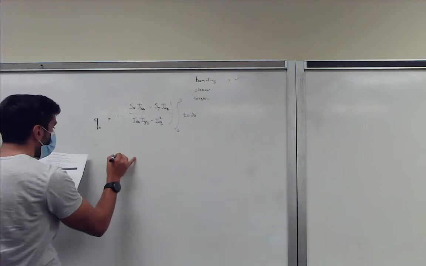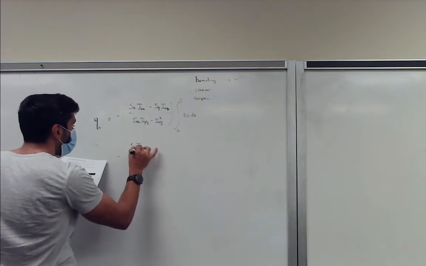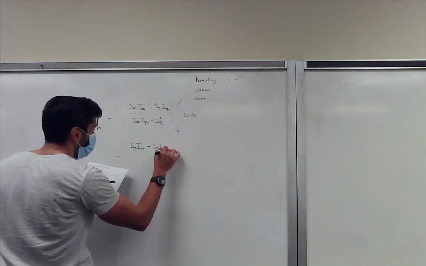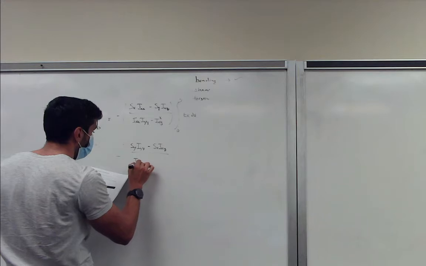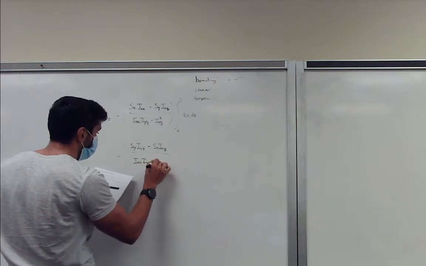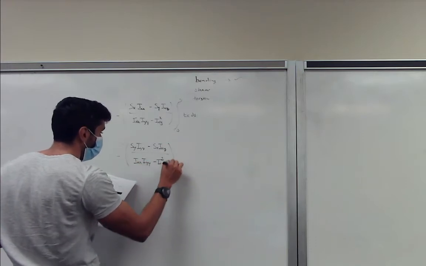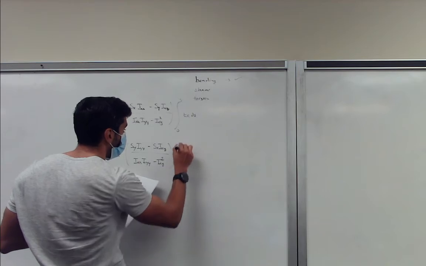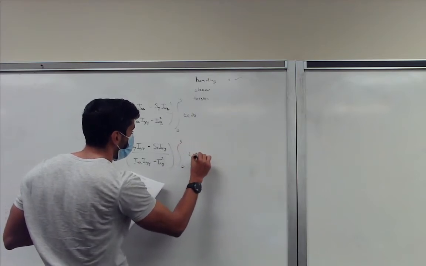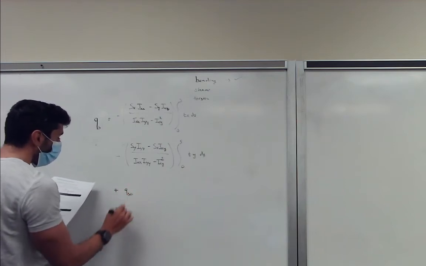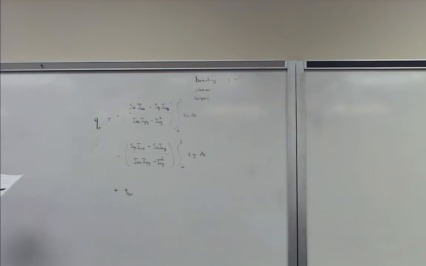And then we have another component, Sy, Iyy. And the last component was, of course, the correction shear flow if we have a closed section. So this will be our standard equation.